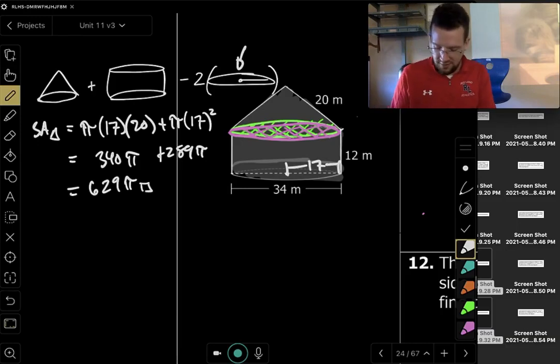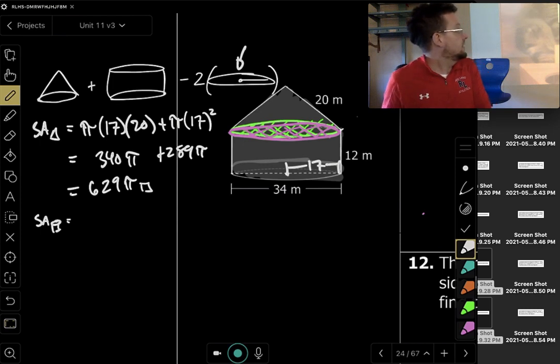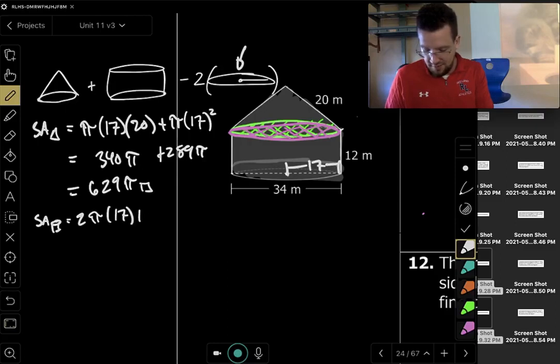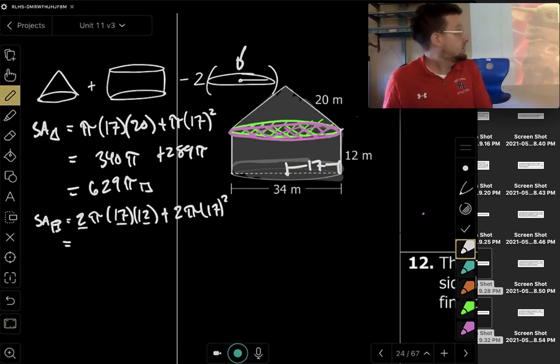So let's do the surface area of the cylinder. This is, again, 2 pi r, which is 17, times the height, which is 12, plus 2 pi r squared. Again, I'm just going to multiply all the numbers together and then put the pi at the end.